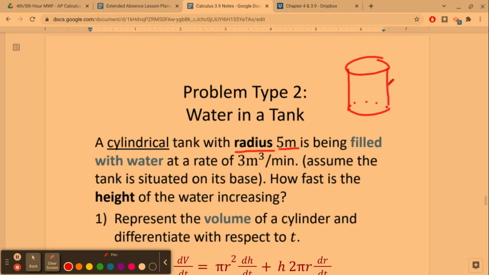So the radius is going to stay constant, which means, and this is very important, dr/dt equals 0. 0 what? Well, it doesn't matter. It's nothing. So dr/dt is going to be equal to 0. That's a big deal, and we'll talk about that later. That makes this problem possible.